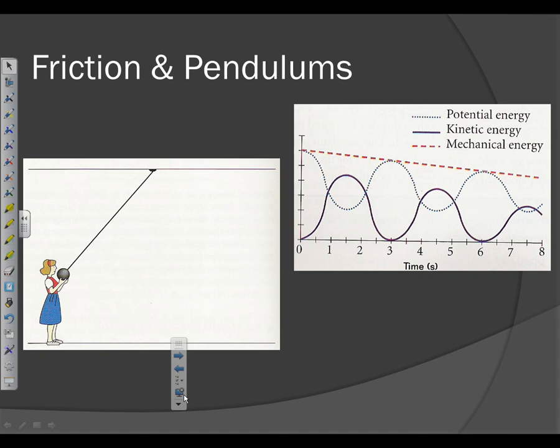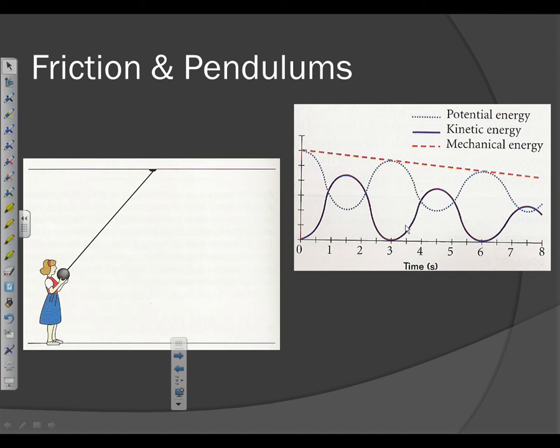Okay? Notice the blue dotted line, which for you guys is the one that kind of looks like a sine curve, right? It starts off high, goes low, because the pendulum starts here, and as it goes down to the middle, it goes low again, right? But it goes back up, but does it ever reach the height that it started? It never reaches that height again, okay?